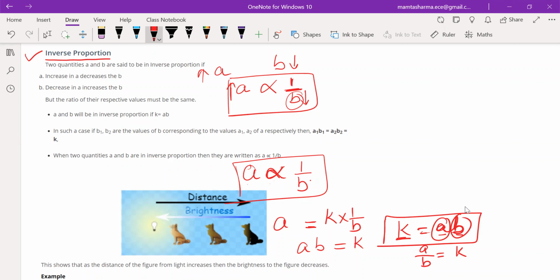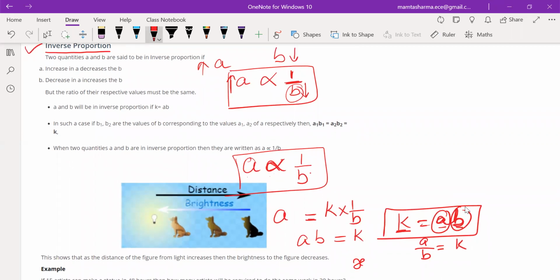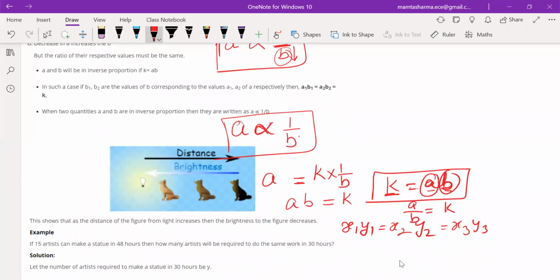So instead of x1 by y1, here you have to do x1 multiplied by y1, that will be equal to x2 multiplied by y2, that will be equal to x3 multiplied by y3. So this is the definition of inverse proportion. In direct proportion, you did x1 by y1, x2 by y2, the ratio was constant.